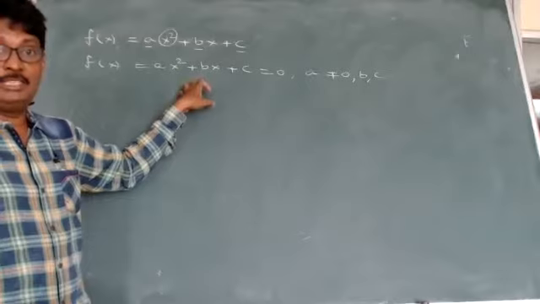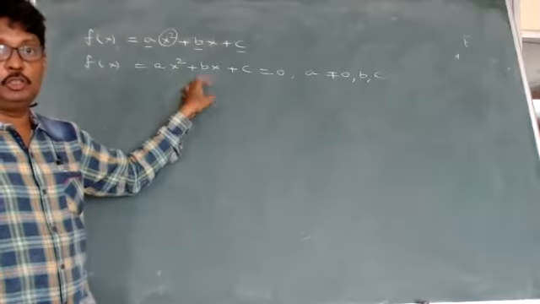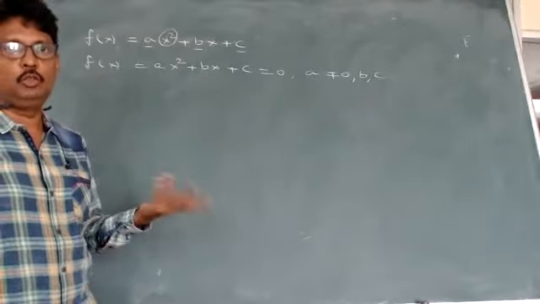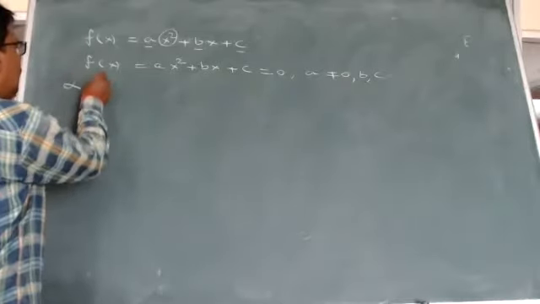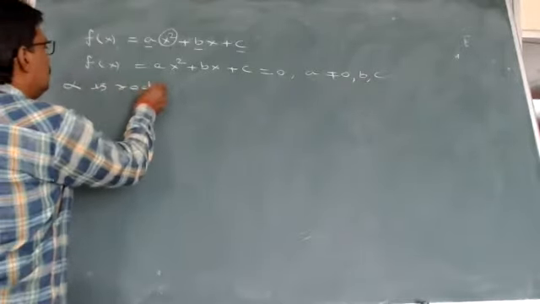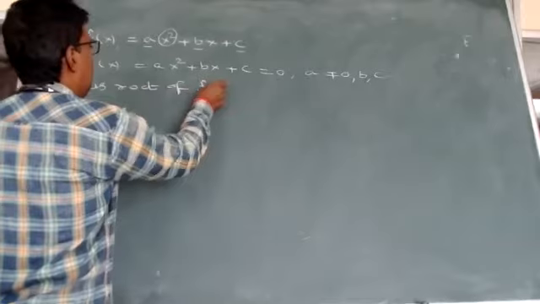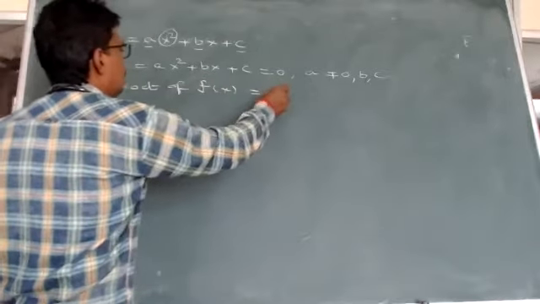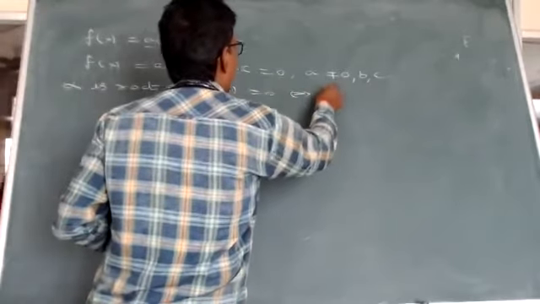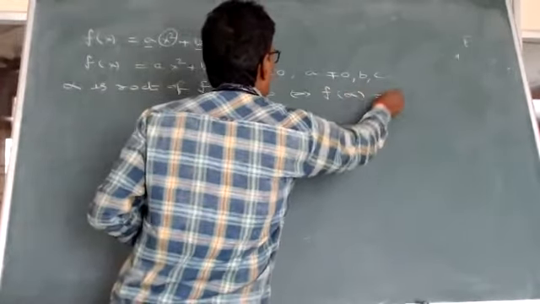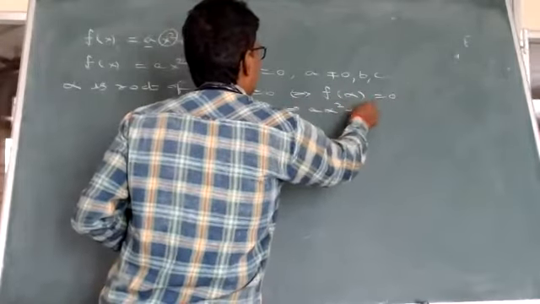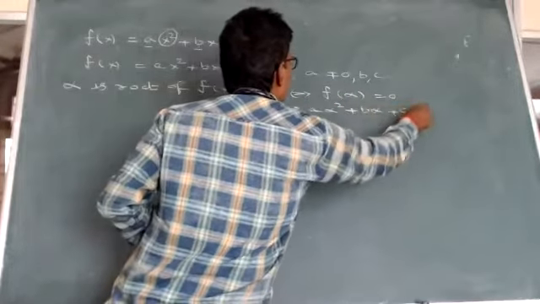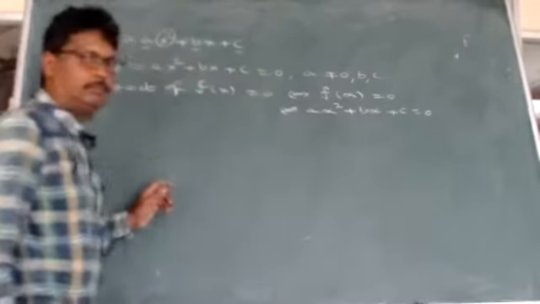For a quadratic equation, there will be at most two roots or two solutions. A number alpha is a root of f(x) equal to 0 if and only if f(alpha) is 0. That means a alpha square plus b alpha plus c equal to 0.